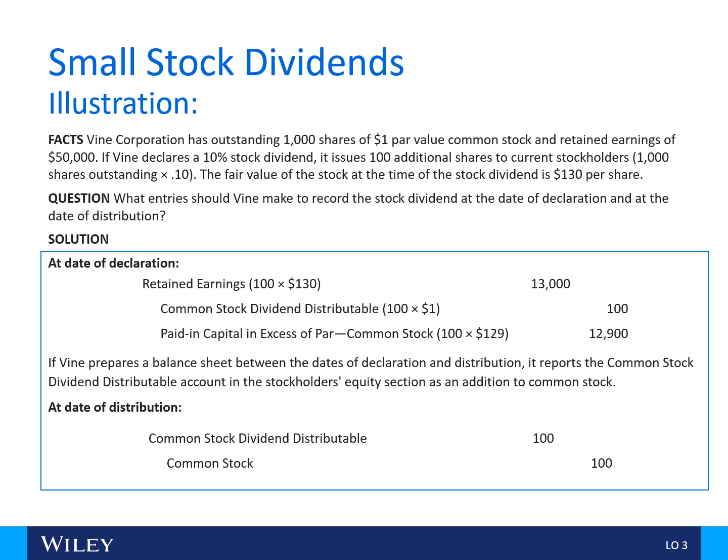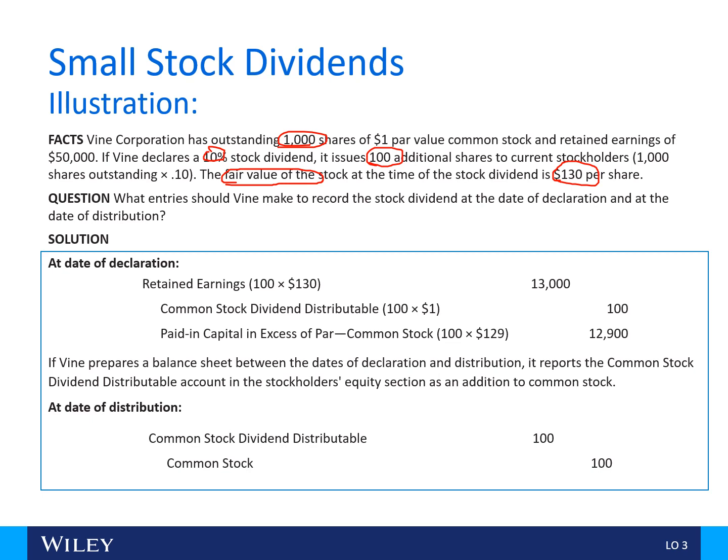Here's an example of a small stock dividend. A company has 1,000 shares at $1 par, and it's going to declare a 10% stock dividend. 10% of the 1,000 shares is 100 shares. Because it's a small stock dividend, you're going to use the fair market value of the stock, which is $130 per share.